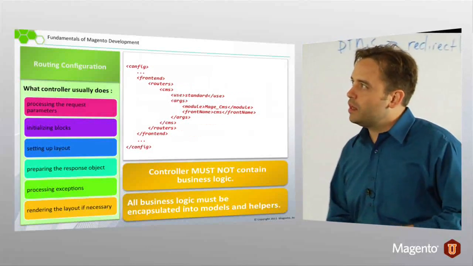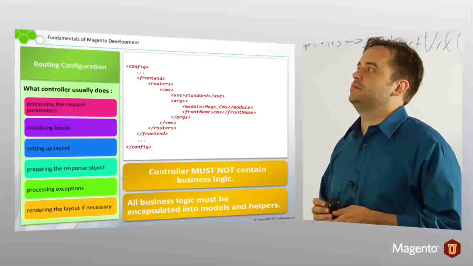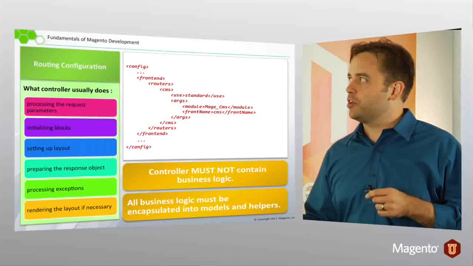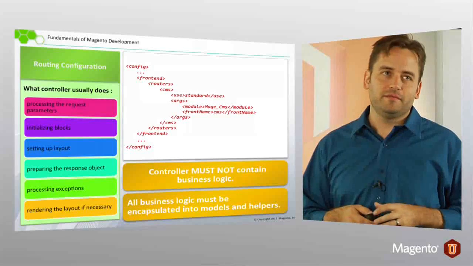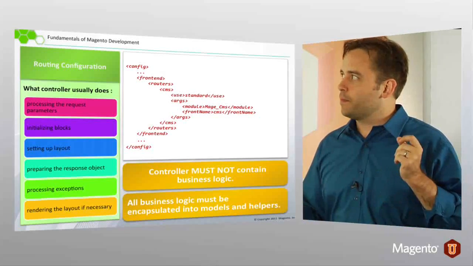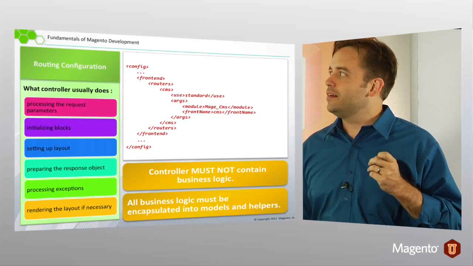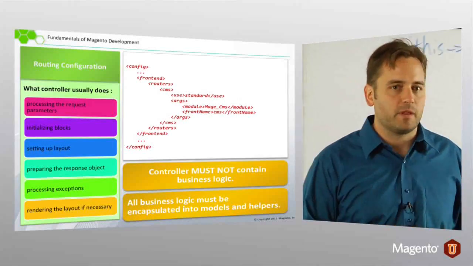All right? So, configuration. In this case, again, we're configuring in certain areas. So in the front end area, under the routers node, we add the CMS router. Okay?